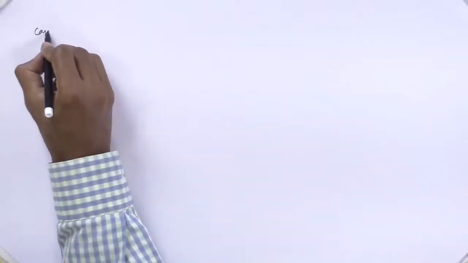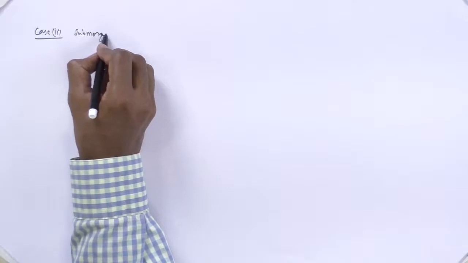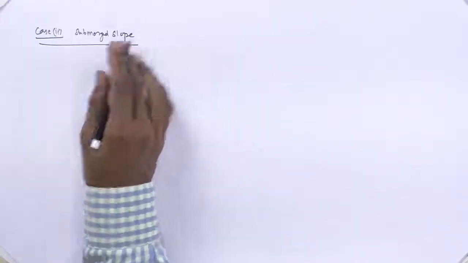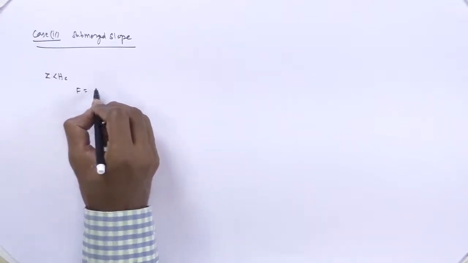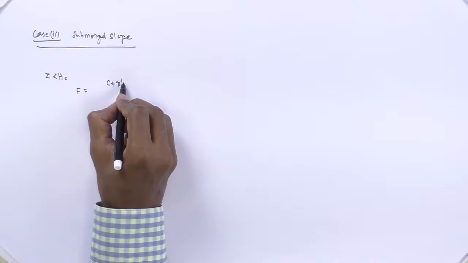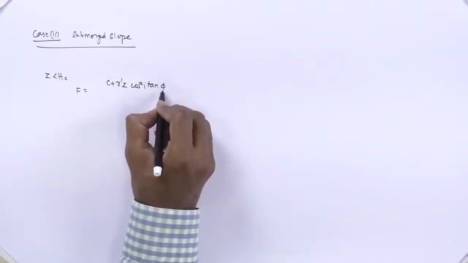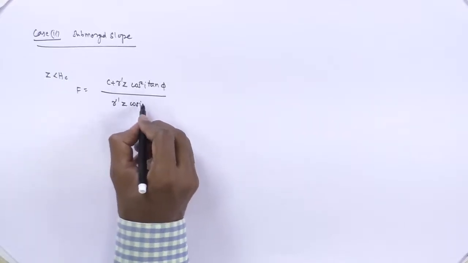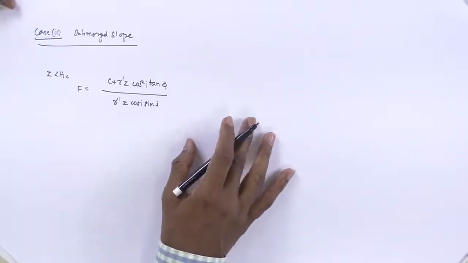By the way, for different cases, say a submerged slope, when z is less than hc, F equals c plus gamma dash z cos square i tan phi divided by gamma dash z cos i into sin i.